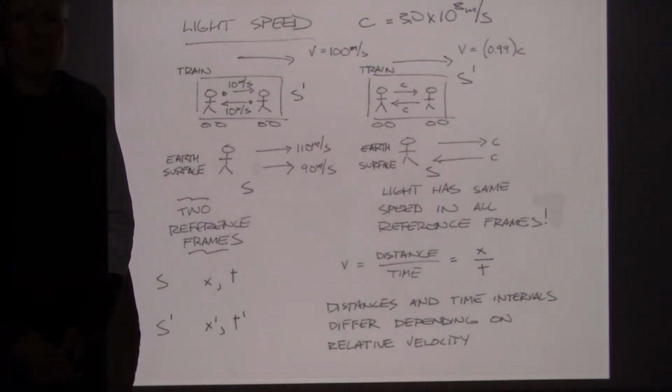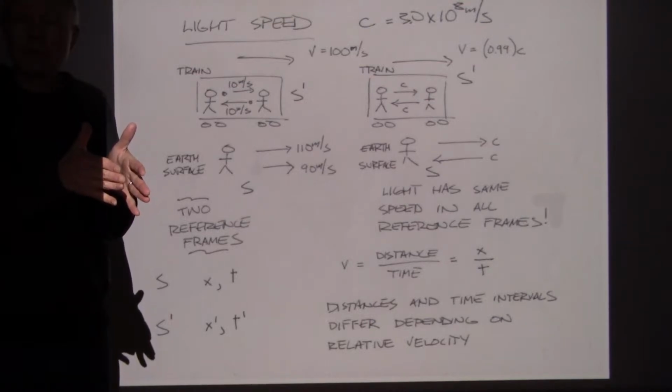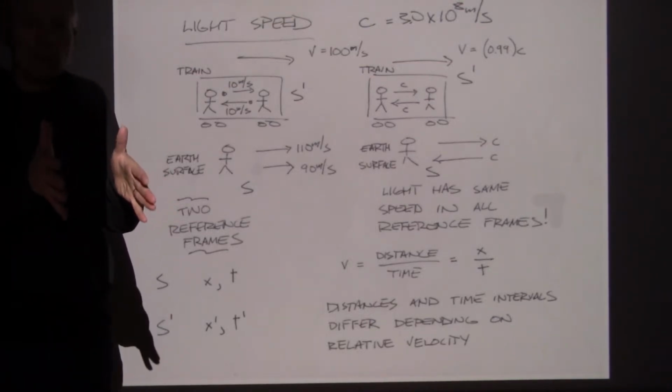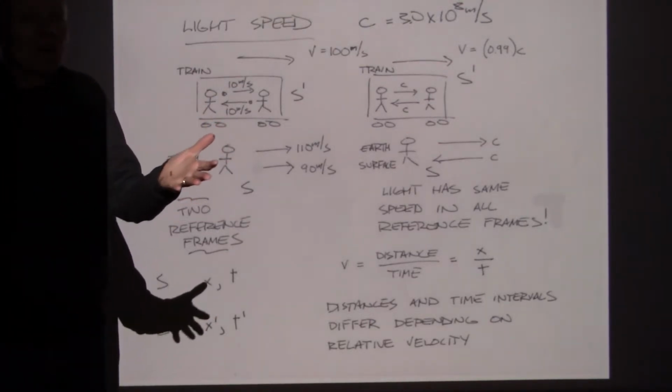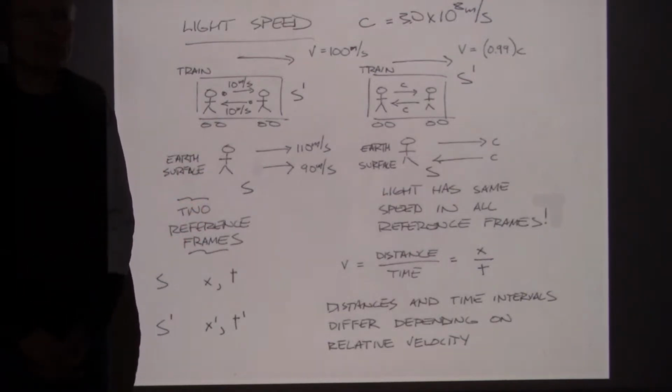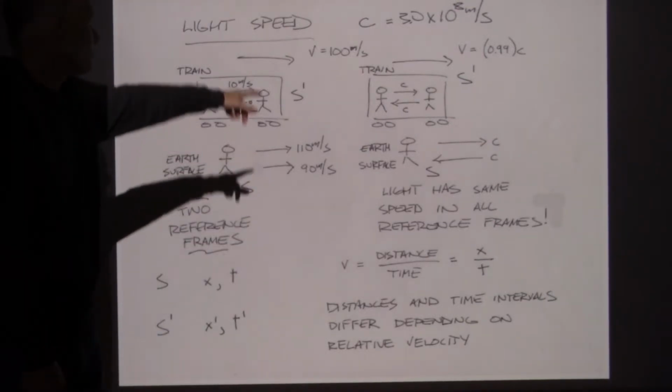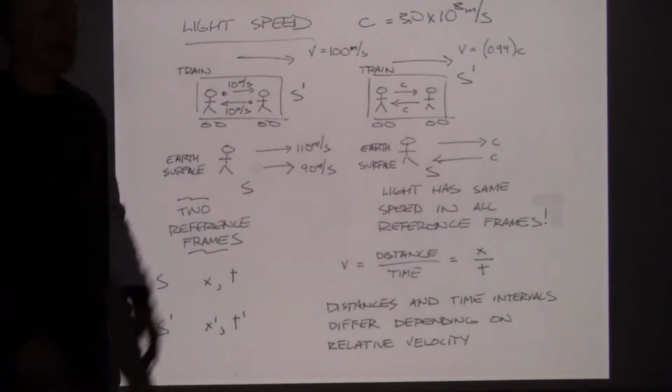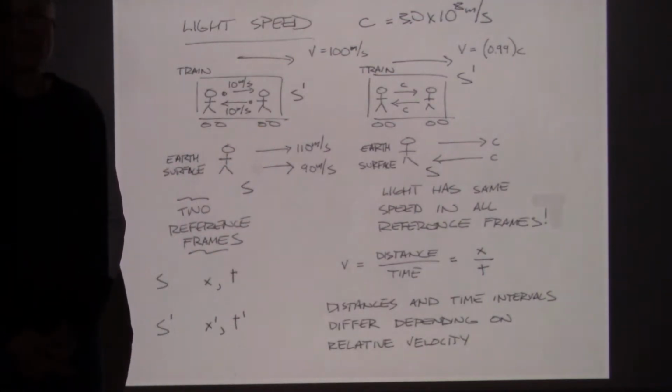You would feel some kind of an effect, but you don't. As long as the velocity is steady, just a relative velocity itself doesn't produce any observable effects. So traveling at 0.99 times the speed of light would just feel like you're sitting at rest.